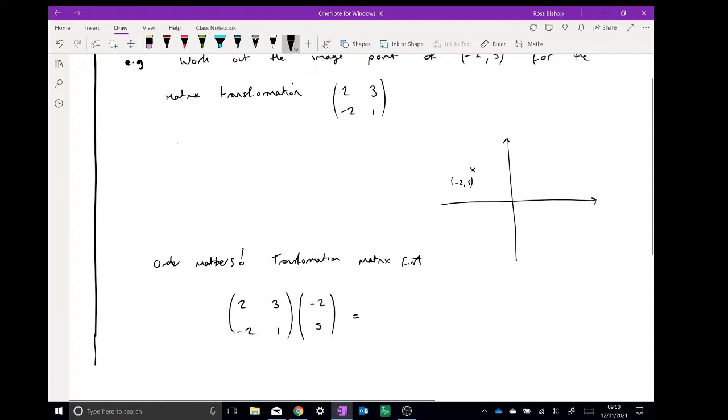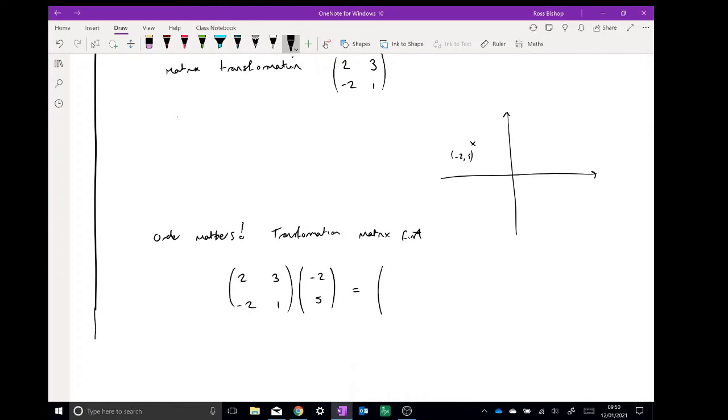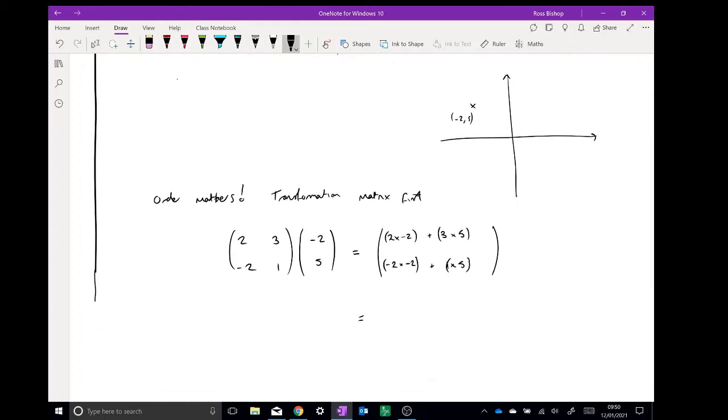So you multiply it like that, and this is a bit of a recap on multiplication. So 2 times -2, plus 3 times 5, and then on the bottom you've got -2 plus 1 times 5. That gives you coordinates of -4 add 15, 11, and 4 add 5, 9.